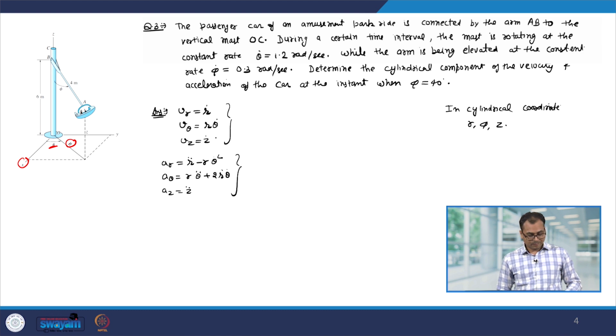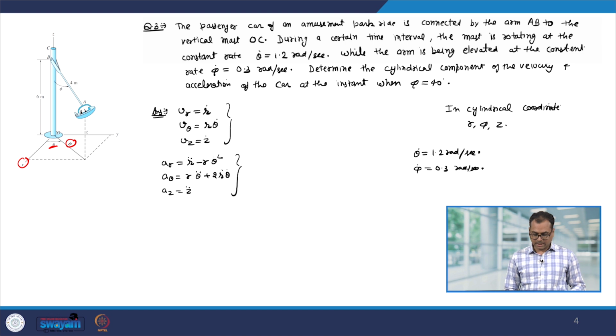Now, it is given that theta dot is 1.2 radian per second and phi dot is 0.3 radian per second, and we have to find the acceleration and velocity when phi is equal to 40 degree.